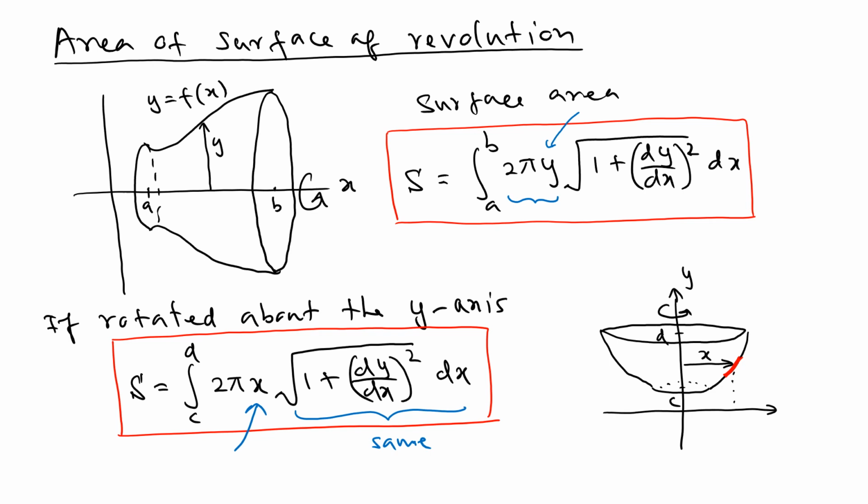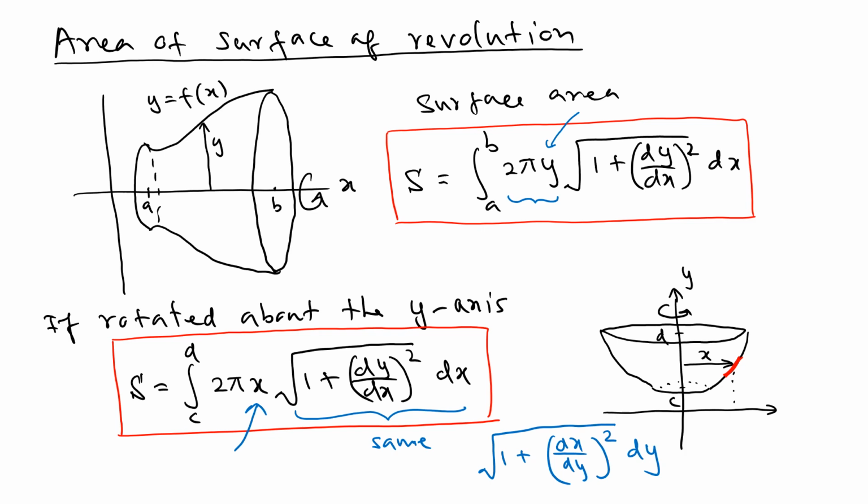In that case, you simply replace that function by the square root of 1 plus dx over dy squared, and this is dy. So we can replace that part if dy over dx is not continuous but dx over dy is continuous. Otherwise it stays the same in the two cases.